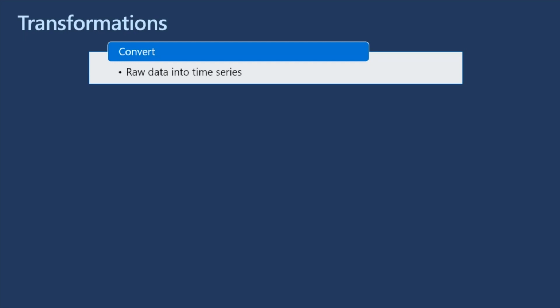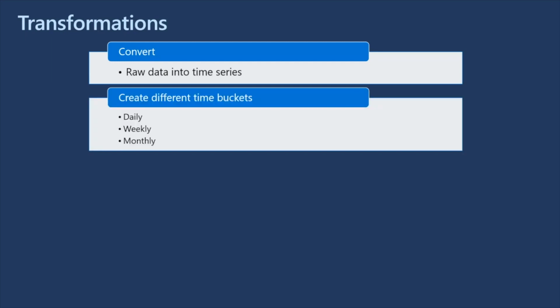Now if we want to see it in the future, we want to have it as a time series in predefined buckets. The buckets that we have in the tool to select are daily, weekly, or monthly buckets, so that if we have historical data where we have multiple shipments in one day or multiple shipments during a week, we can combine them and have a single simplified view on the data for the future.